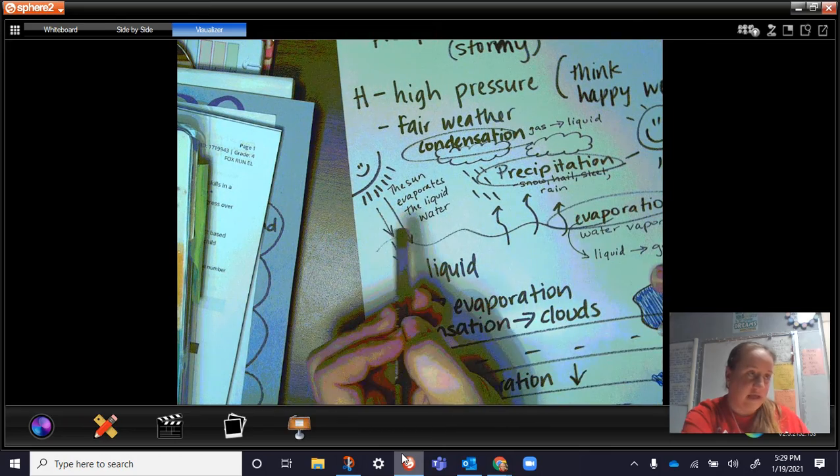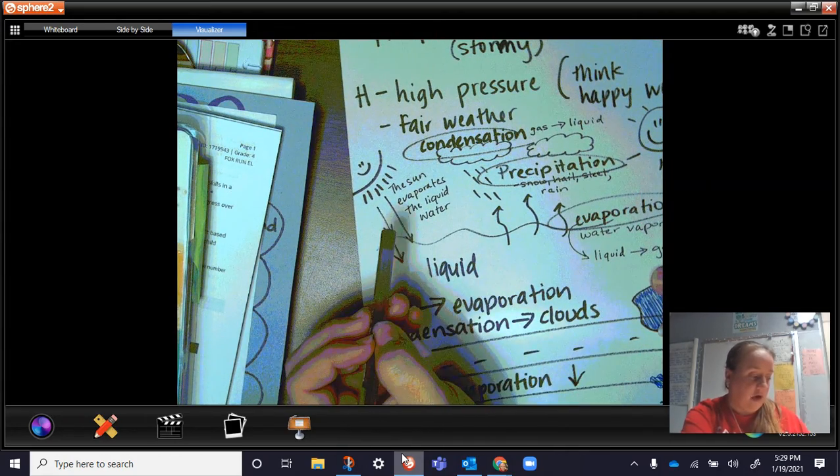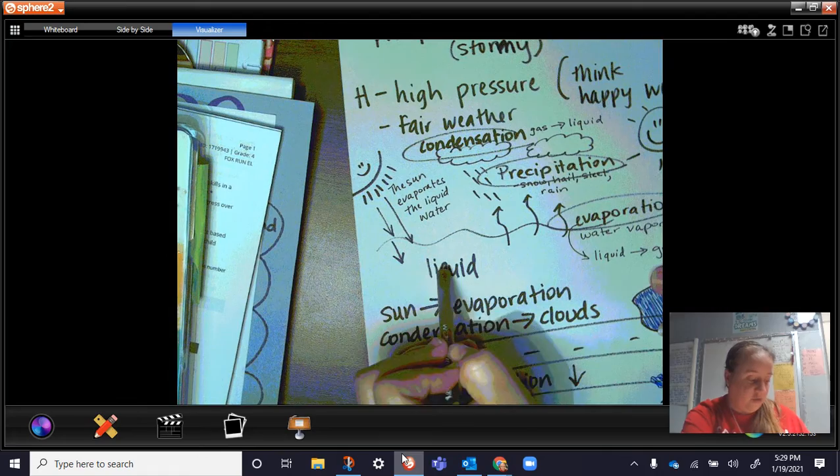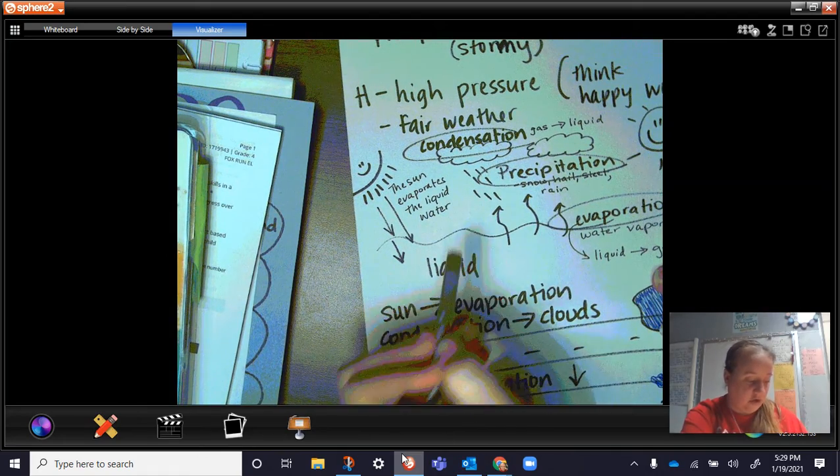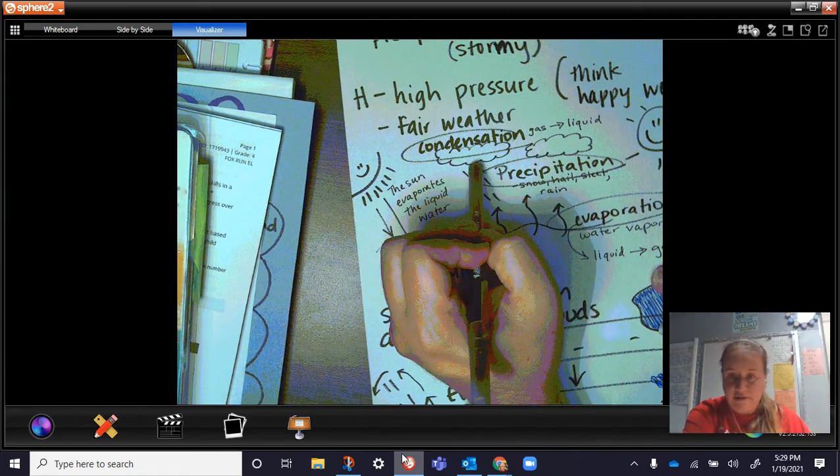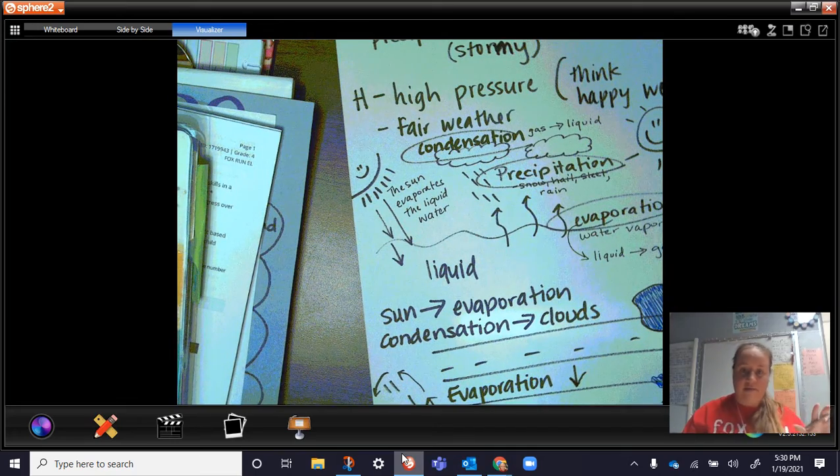And this isn't just, all right, sun, let's evaporate the water, all the water go and rise up and form a cloud. Different areas of the cycle are happening all around all the time. So just understanding that that cycle is a continuous thing that's happening was what that was there at the bottom.